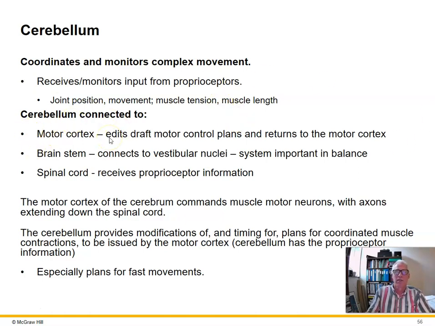And so the motor cortex elicits information from the brainstem, from the cerebellum by way of the thalamus to get that information. The motor cortex then has axons that extend down the spinal cord to the skeletal muscles, or to some lower motor neurons, which then control the skeletal muscles. So I'll show you a schematic diagram that'll make it a little clearer.